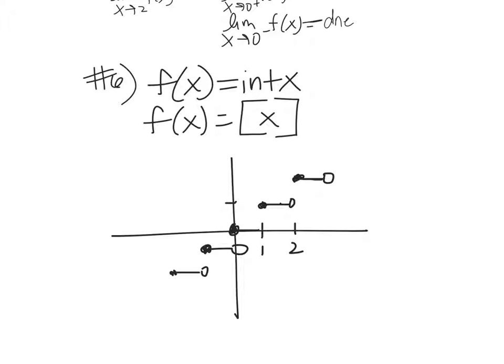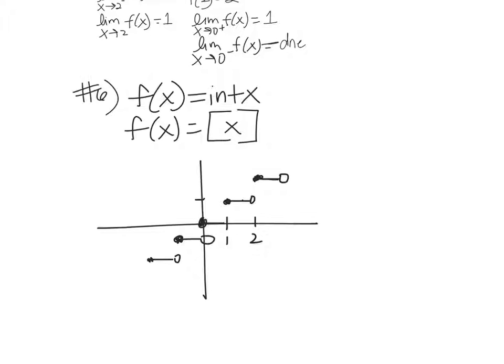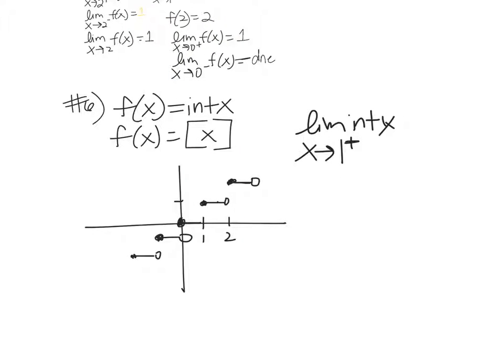But they like to ask you limits on this. So let's do a couple. Let's find the limit of the greatest integer of x as x approaches 1 from the right.